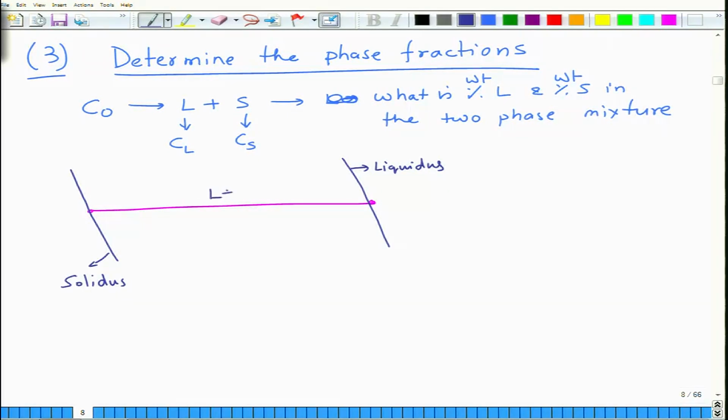We are in the two phase region liquid plus alpha at a given temperature, let us say T1, and let us say the alloy composition is C naught. I know that I have a liquid phase of composition Cl and a solid phase of composition C alpha. I can say liquid plus alpha here.